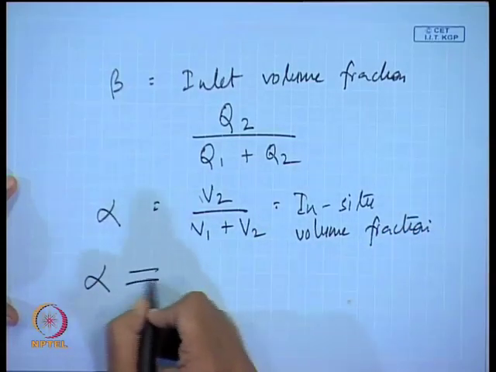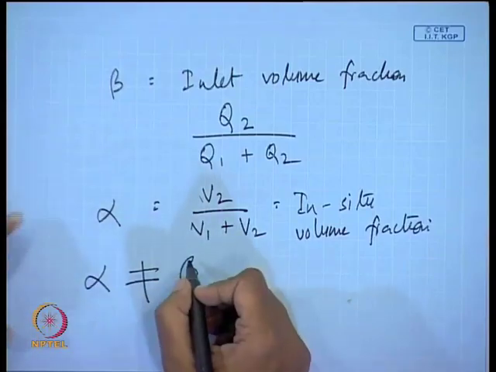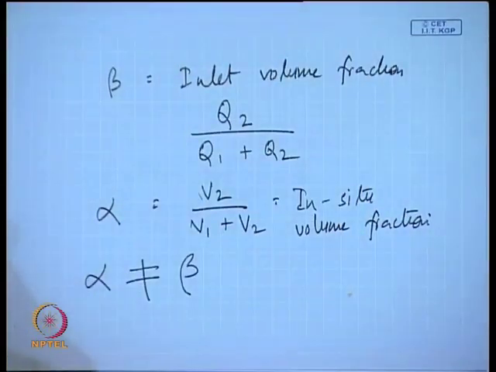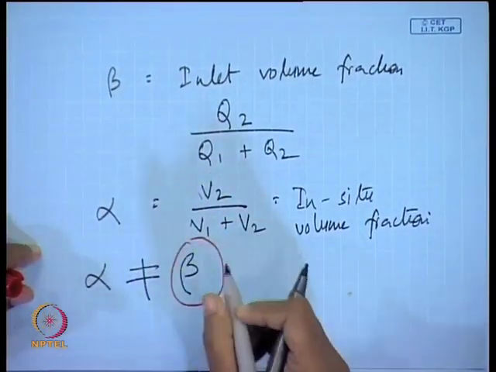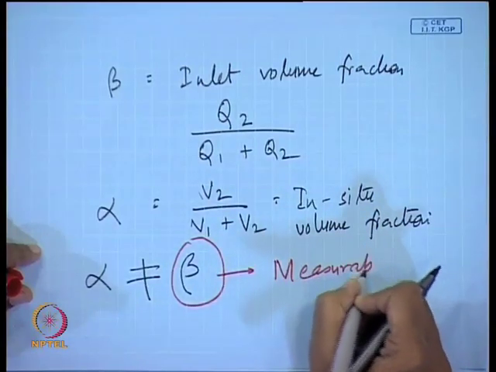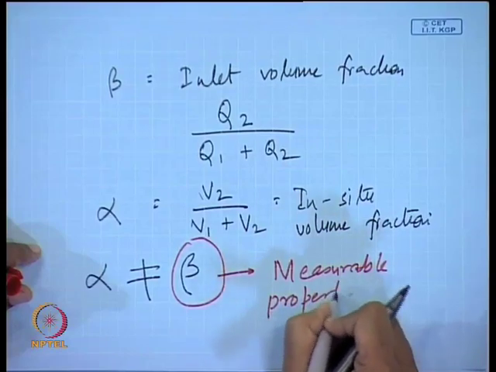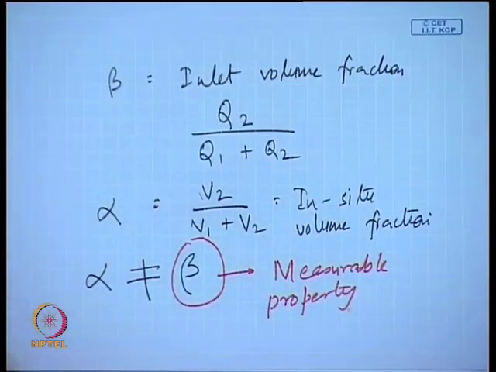And therefore, as I have already mentioned, alpha is not equal to beta. Although beta is a measurable quantity, we do not have any direct correlation between alpha and beta. So alpha has to be determined, it cannot be controlled.